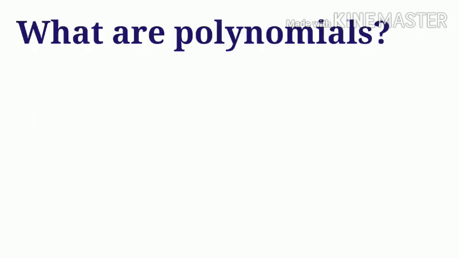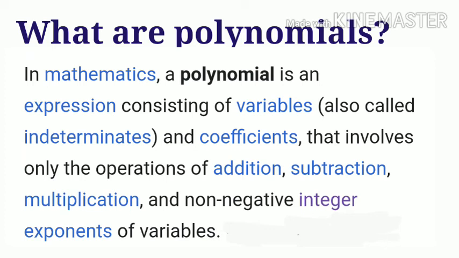What are polynomials? In mathematics, a polynomial is an expression consisting of variables and coefficients that involves only the operations of addition, subtraction, multiplication, and non-negative integer exponents of variables.